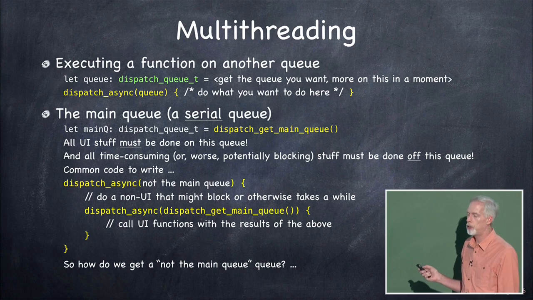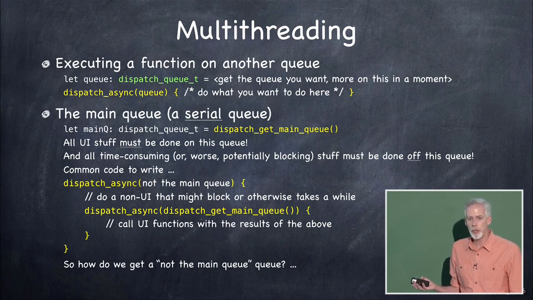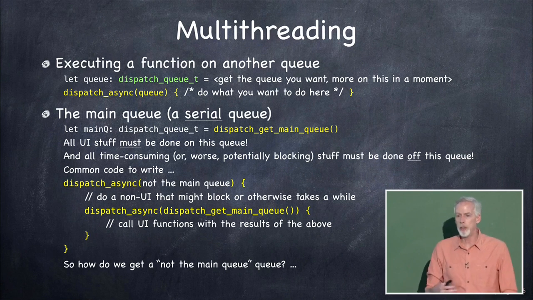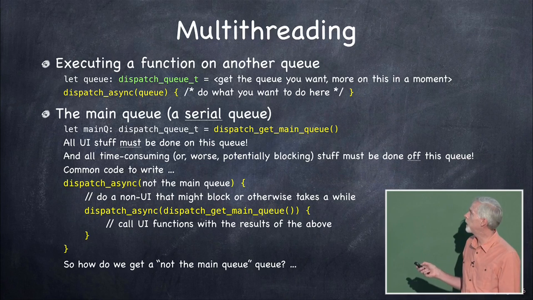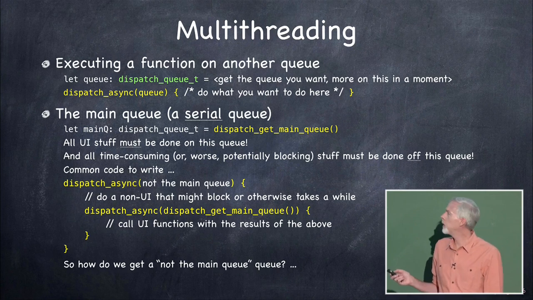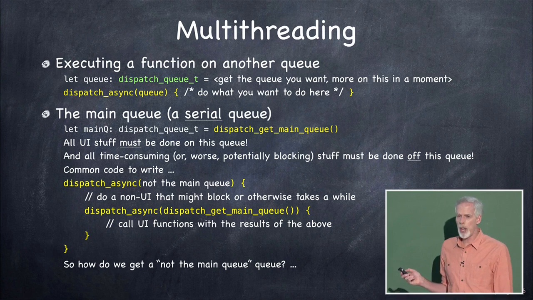These are just Swift global functions, but the reason this is not object-oriented is because this is a C API. This is called Grand Central Dispatch, actually. That's why they all start with dispatch, all this multi-threading stuff, and that's why it looks like this. I'm going to show you the object-oriented way to do this in a minute. But actually, we're going to end up using these C-like ones more often.